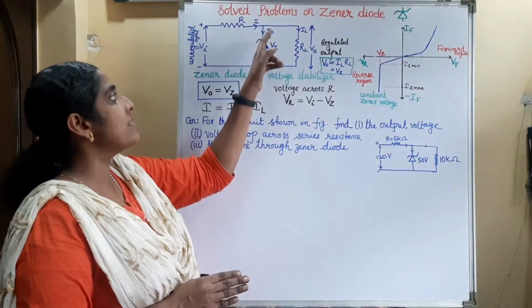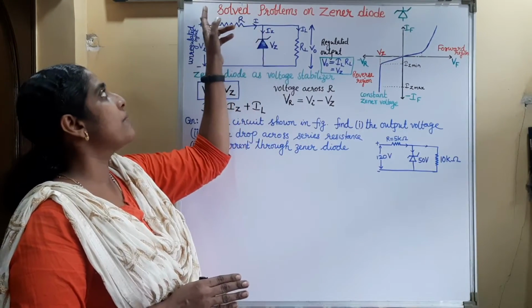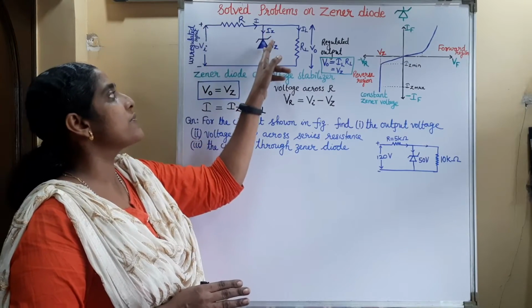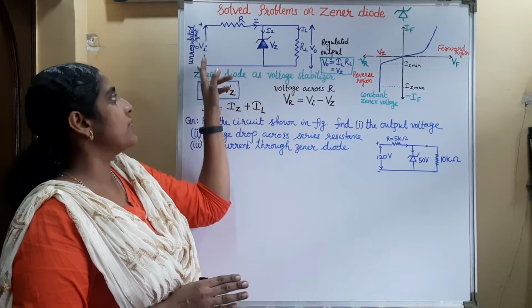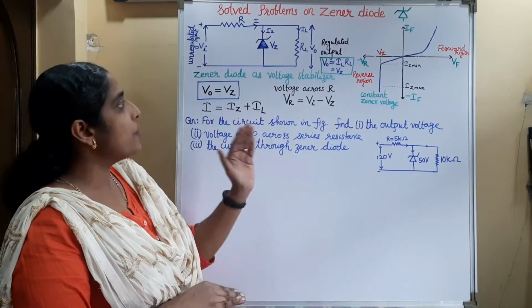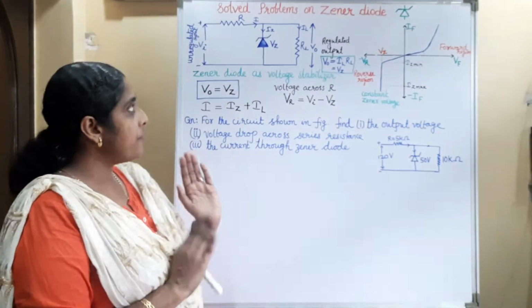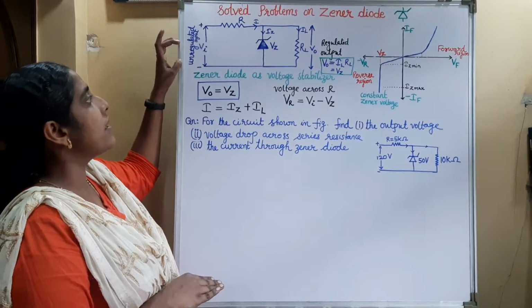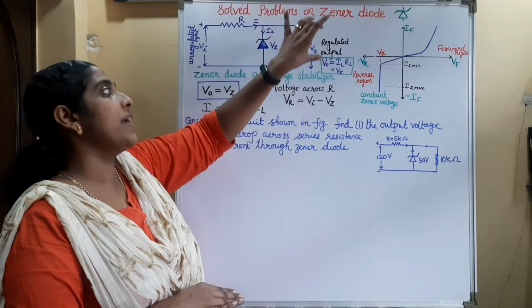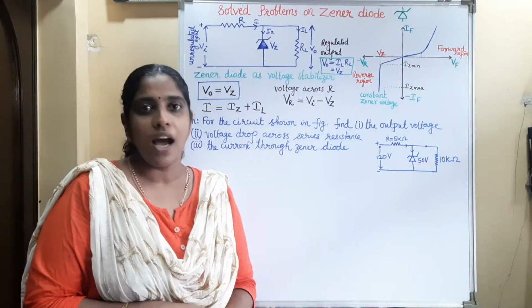For that, the negative of the Zener diode is connected to the positive terminal of the supply, and the positive of the Zener diode is connected to the negative pole of the supply. Now, the output we are obtaining is across a load resistor. So, if we apply an unregulated power at the input, we are obtaining a regulated power at the output.